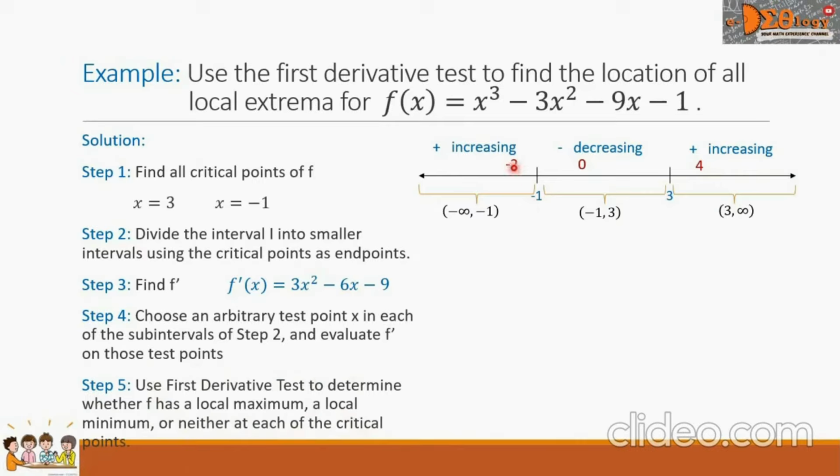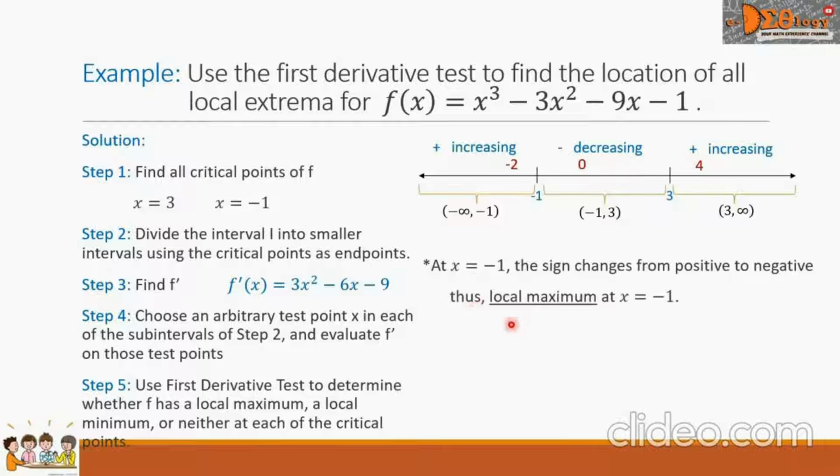On the left side of -1, the derivative is positive and it is increasing, while the right side of this -1 is negative. That is decreasing. So we say that at x equals -1, the sign changes from positive to negative. Thus, there is a local maximum at x equals -1.